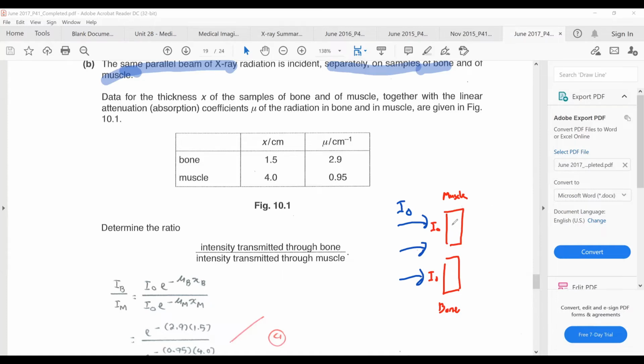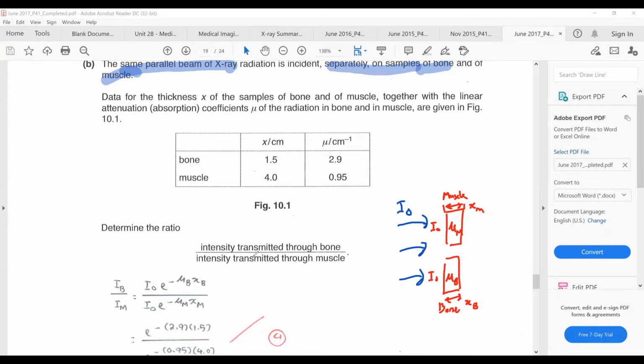Okay, so muscle would have mu of M, bone will have mu of B. They have their own respective thickness, x of muscle, and this one x of bone. So what you want is the ratio of intensity transmitted through bone to intensity transmitted through muscle.